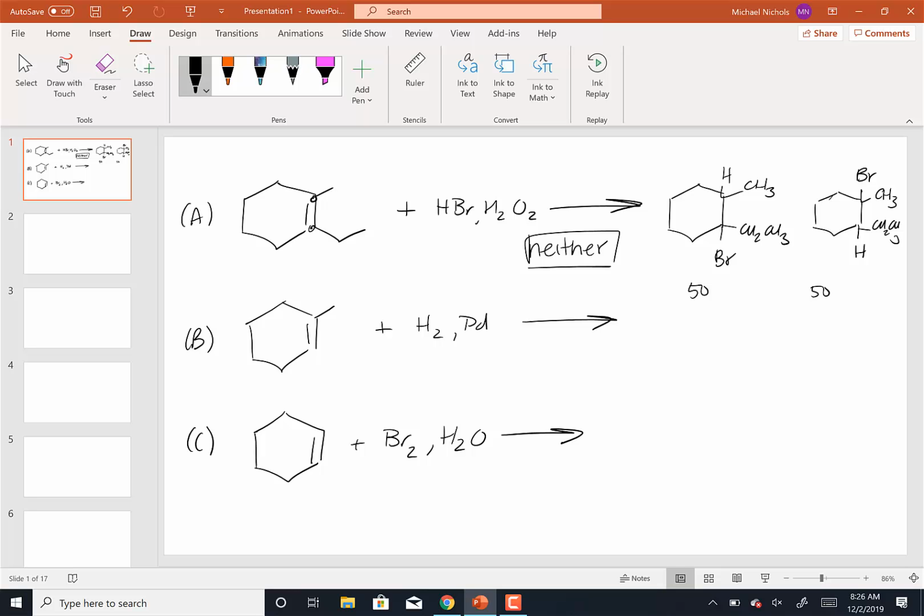You might want to think about your stereoselectivity. All right, last chance.